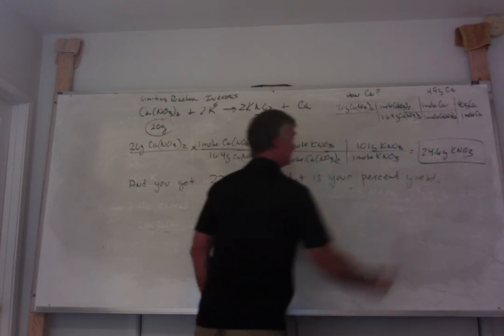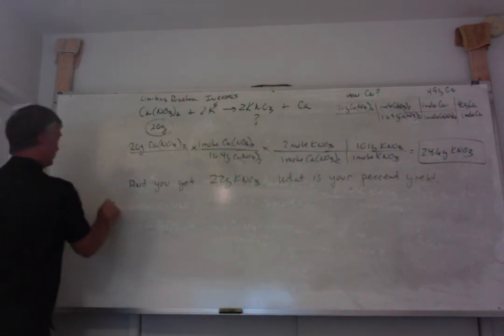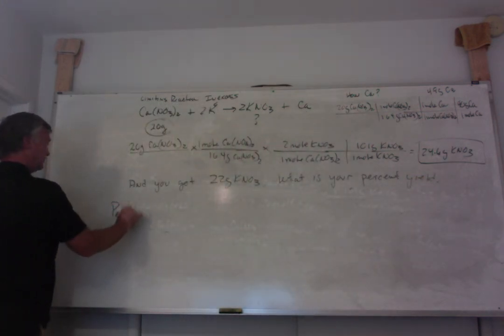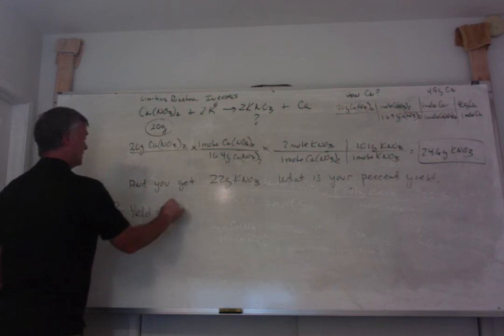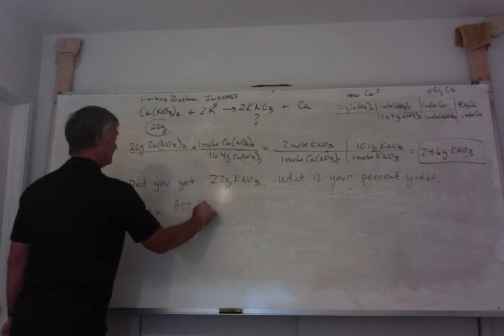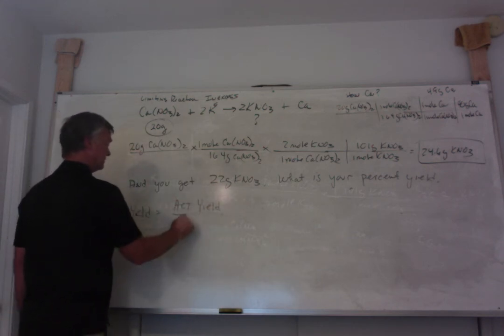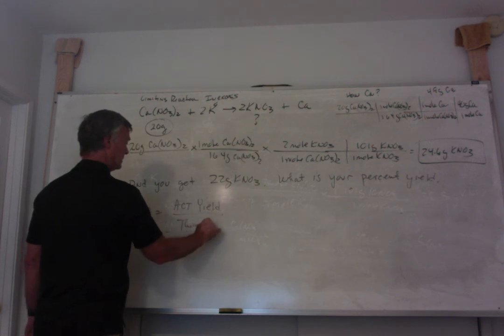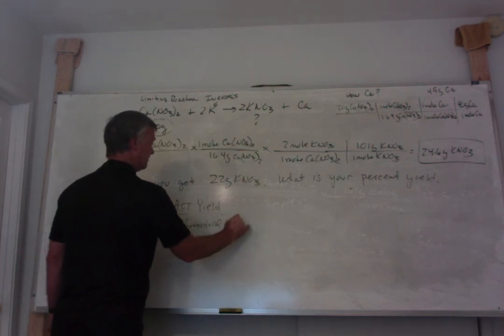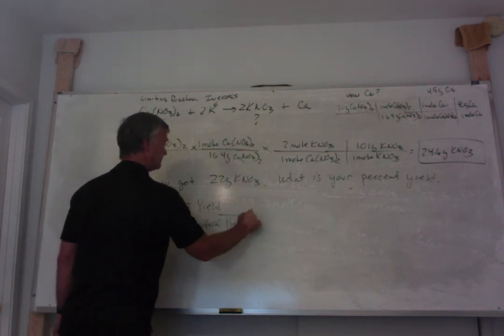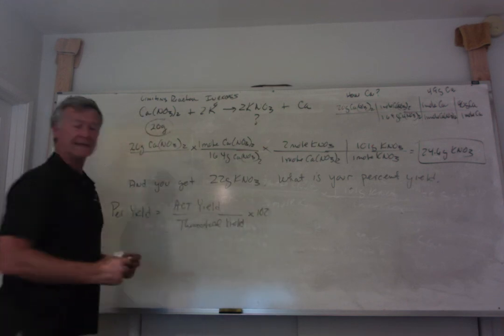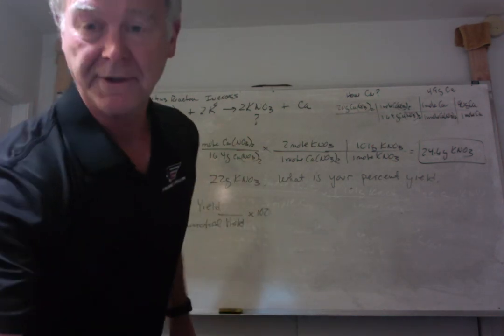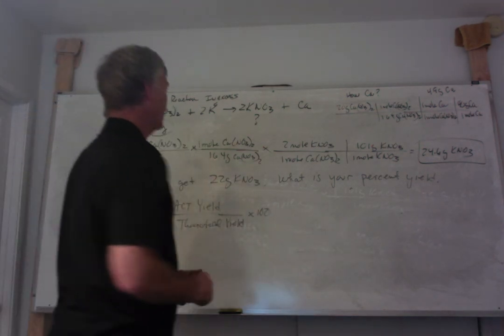Well, percent yield is when we take the actual yield divided by the theoretical yield times 100. Well, in this case, the actual yield is right here.